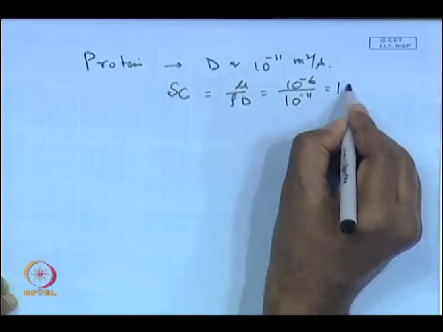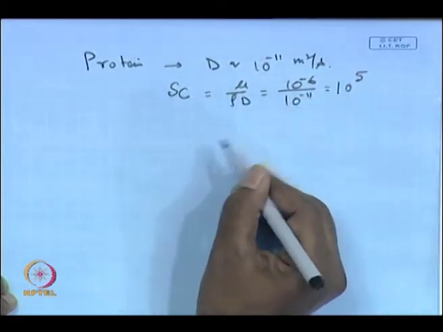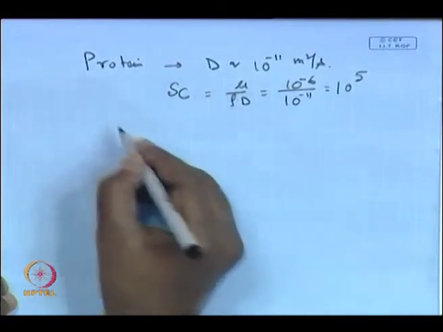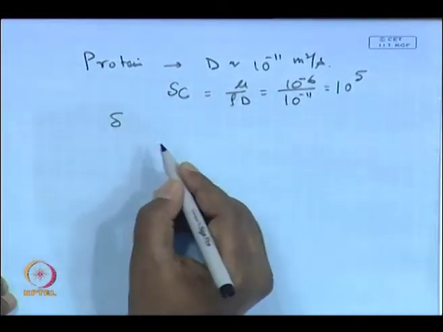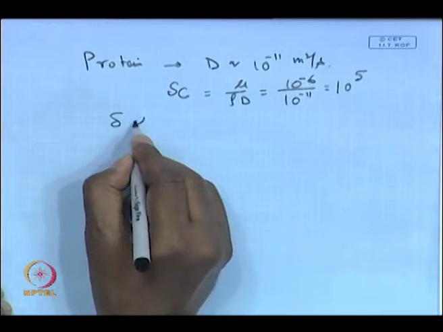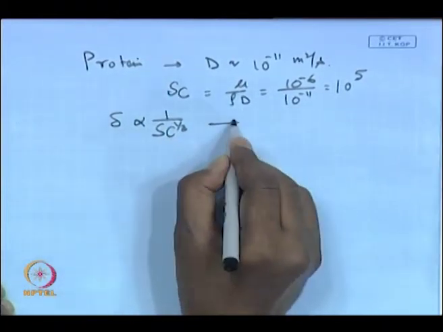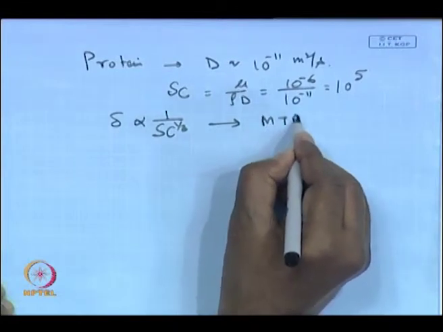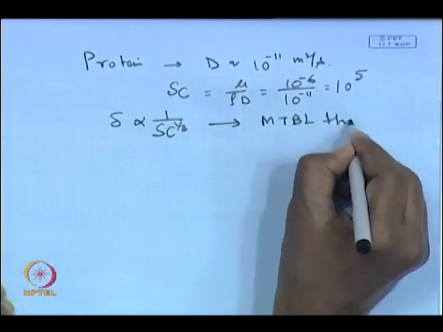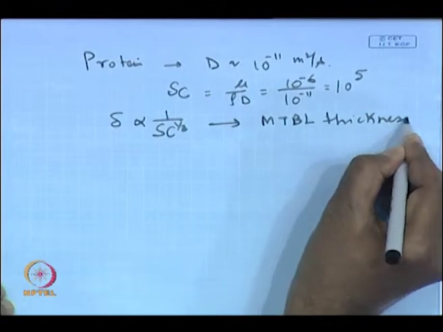So, it will be 10 to the power 5. We are talking about a very high Schmidt number, and we have already seen earlier that the thickness of the mass transfer boundary layer is inversely proportional to the Schmidt number. So, the mass transfer boundary layer thickness or concentration boundary layer thickness will be extremely small.